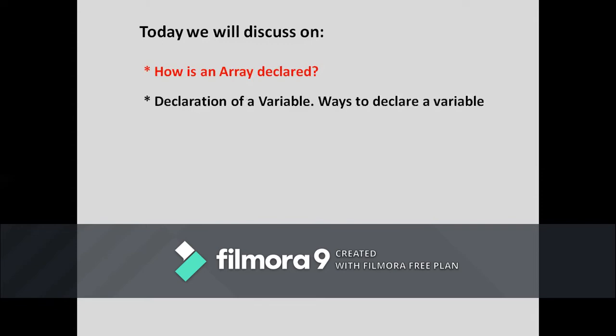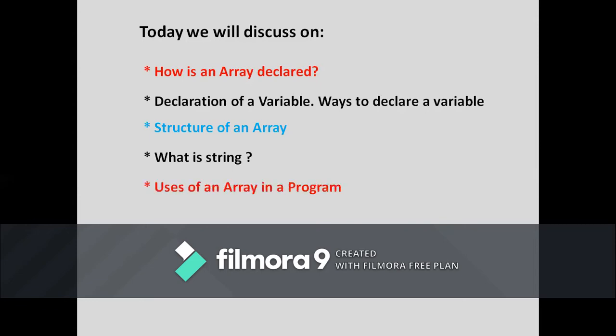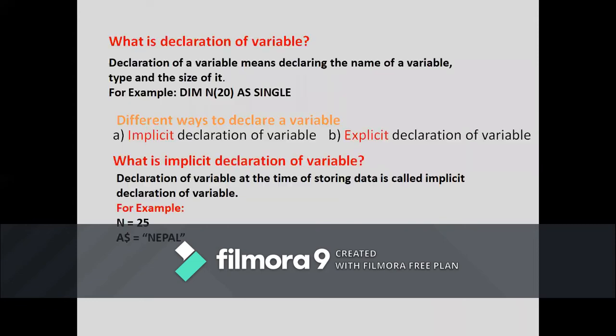In today's discussion, we'll discuss how an array is declared, declaration of a variable, ways to declare a variable, structure of an array, what is a string, and uses of an array in a program.